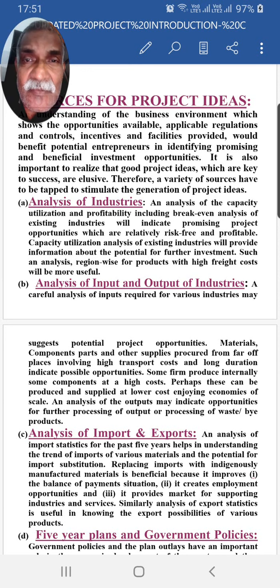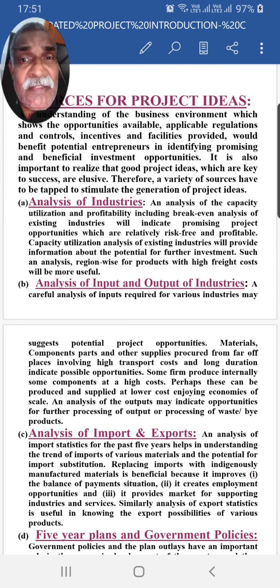First of all, we have to analyze the industry. As we know, there are so many industries in operation: chemical industry, sugar industry, cement industry, dairy industry, education, defense, so many.